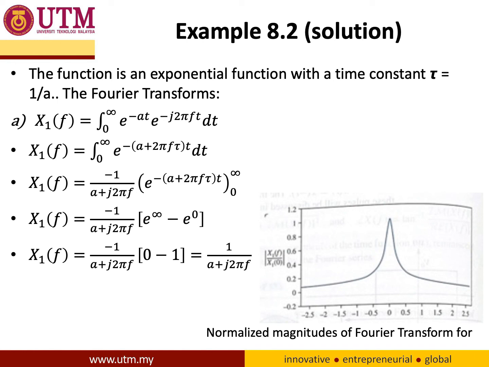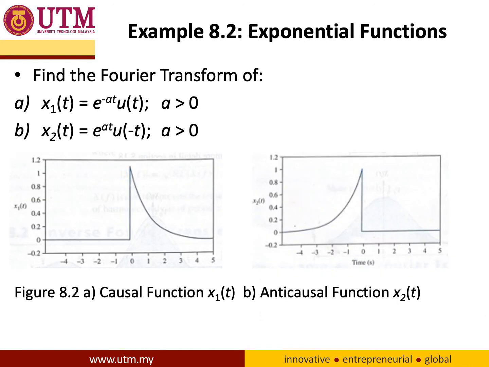The figure at the right bottom side shows the magnitude versus frequency for this signal. If we look at these two functions, both are exponentials with the time constant τ equal to 1 over a. They switch between 0 and 1 at t equal to 0. Otherwise, they are absolutely integrable, well-behaved functions. One is referred to as the causal function and the other one is the anti-causal function.